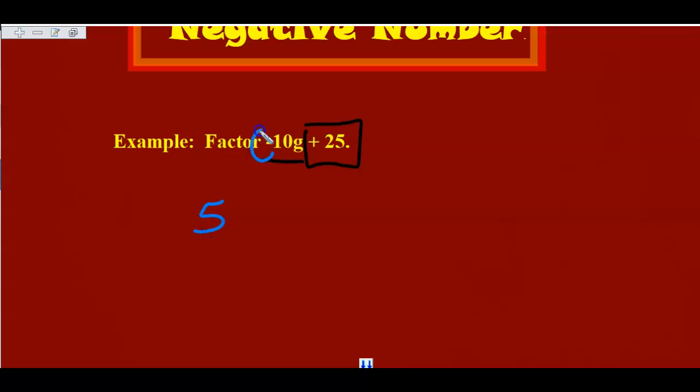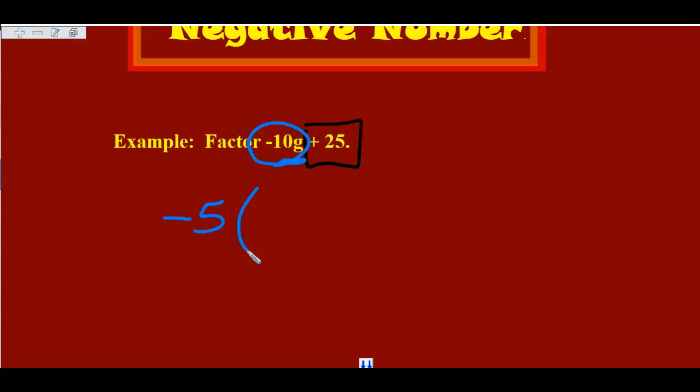However, there's this little negative in front of the first term. Okay, the first term is actually negative here. So we're going to take out that too, just for this example. We're going to take out the negative. Okay? So if we were to factor this using a negative 5, what would be left?